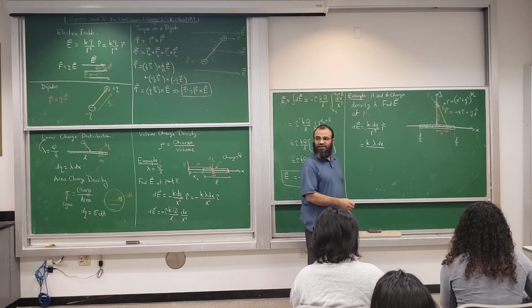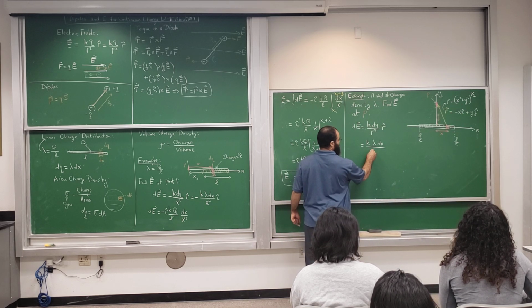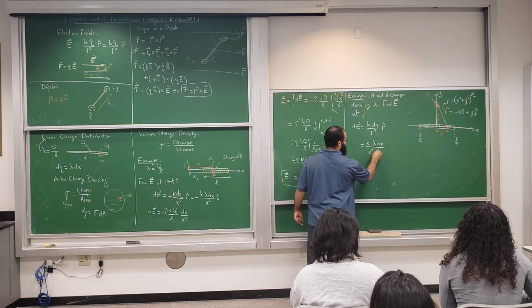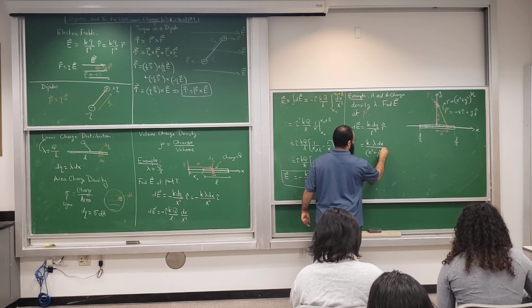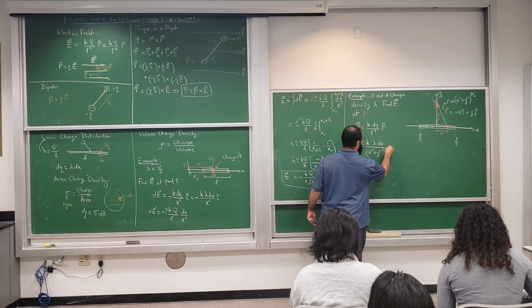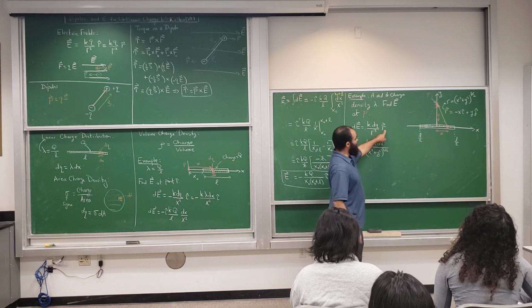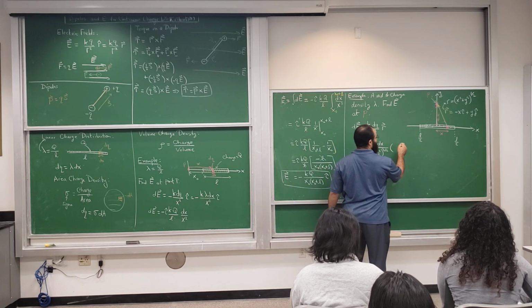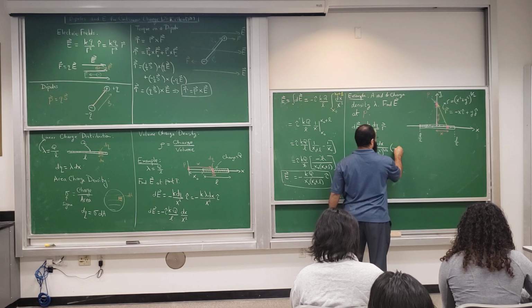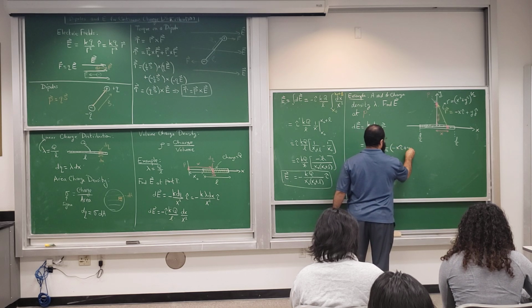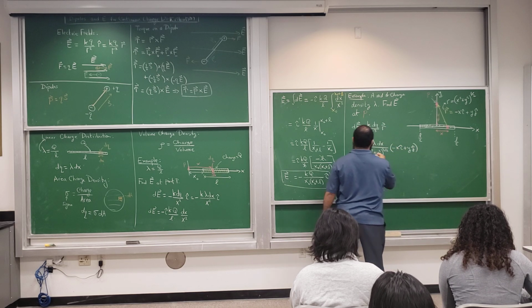You cube it. So you get x squared plus y squared to the 3/2. And next, times the vector r. What did we say the vector r was? That's minus x i hat plus y j hat. Yes.